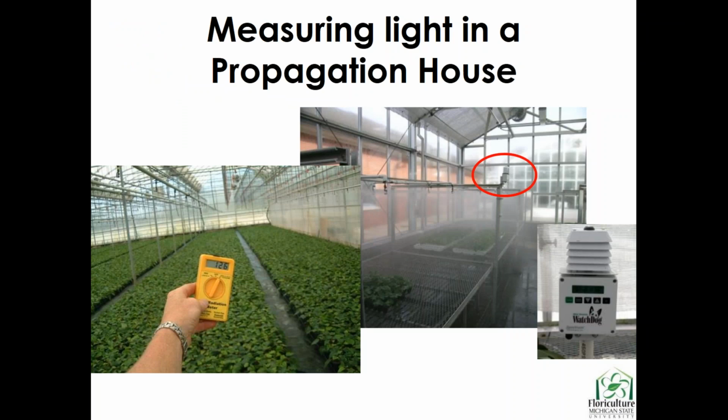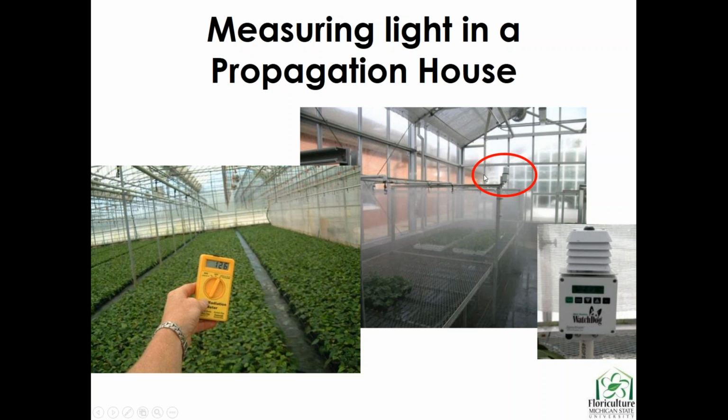Very few growers measure light, but it's obviously very important. So here we're basically using a handheld light meter. And with the use of LEDs, it's really important that if you are utilizing LEDs, you have a light meter that can actually take the correct and accurate readings. So that's one thing to ask the manufacturer. So this is basically going to give you an instantaneous reading of light.